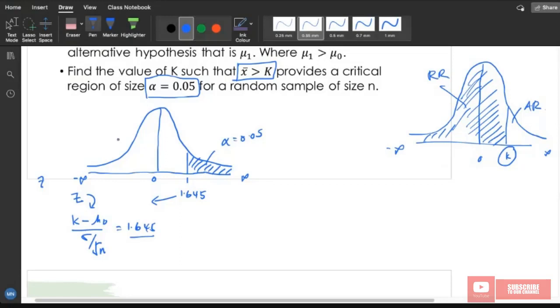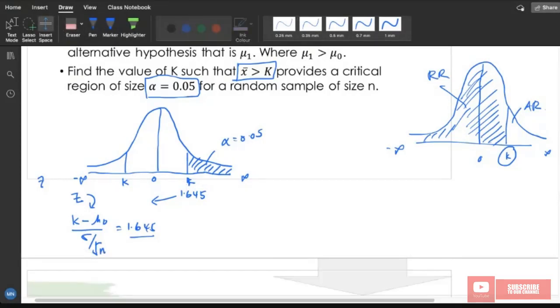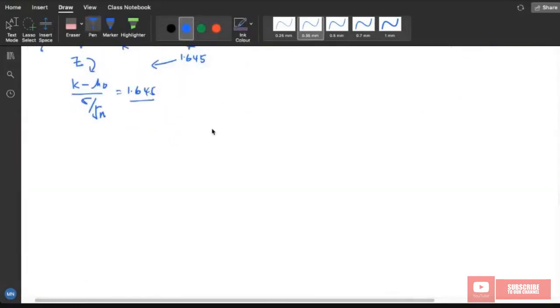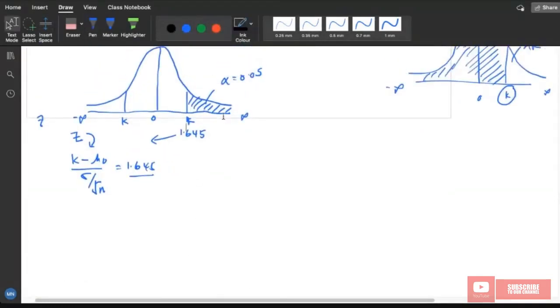But we don't know yet whether k is on the right hand side or the left hand side. Before we end up with our conclusion, we need to find out which side k is on.